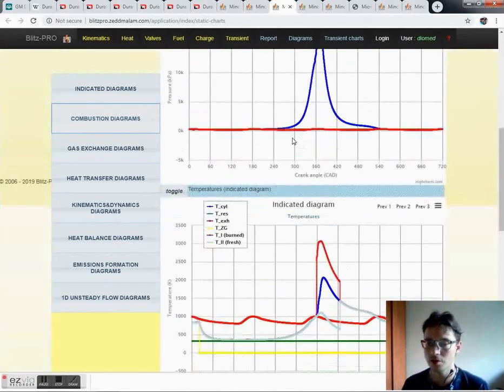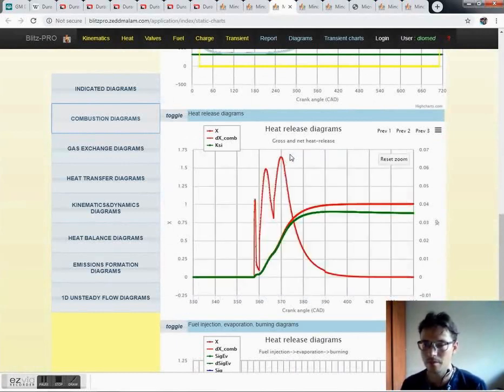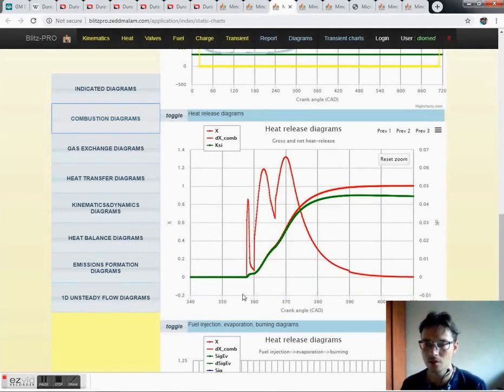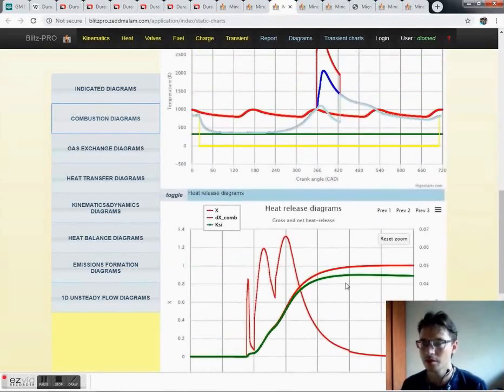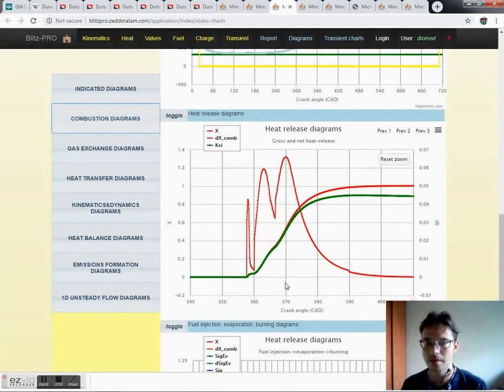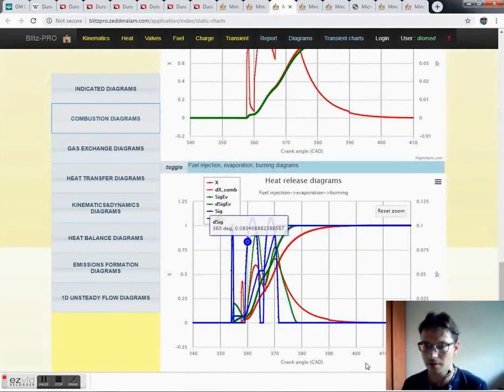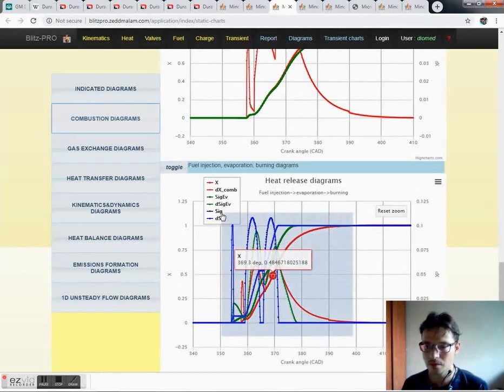And let's have a look at the heat release diagram. We can see all these three injections pretty much under control, so the heat is distributed very smoothly during the combustion period. So the combustion is very fast, but it's also not too fast in some regions, which makes the engine very efficient.